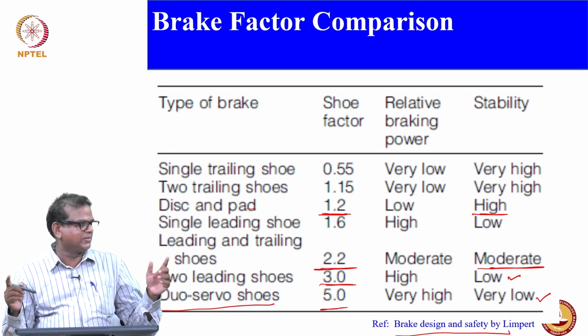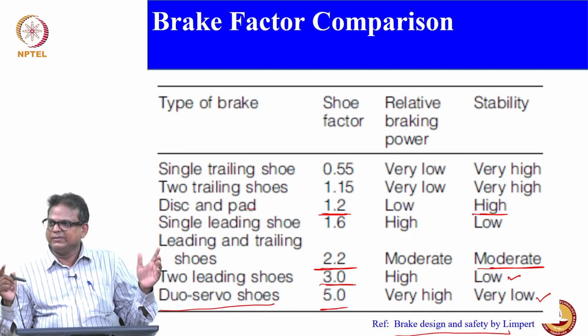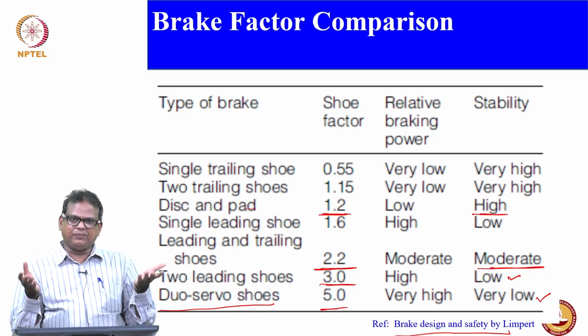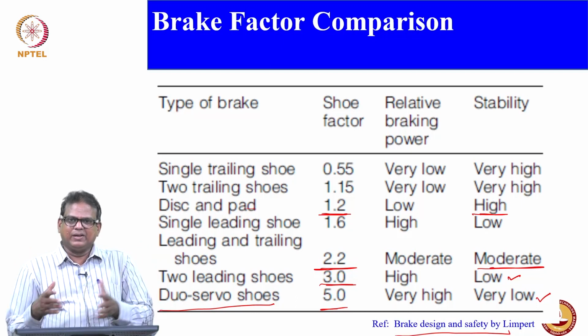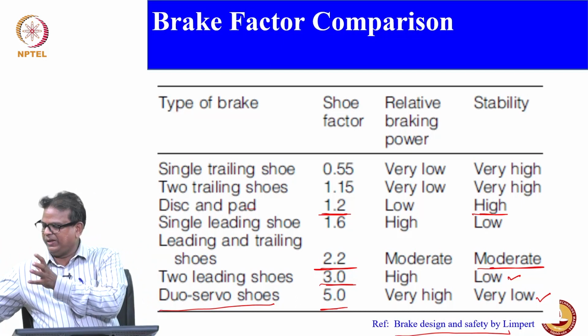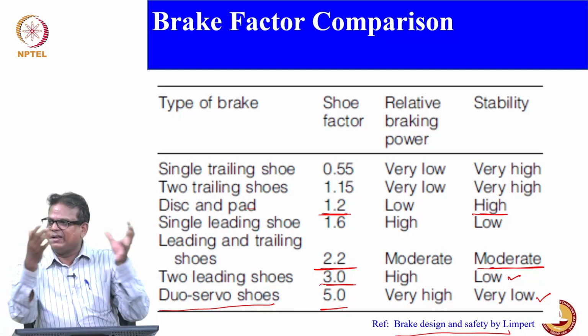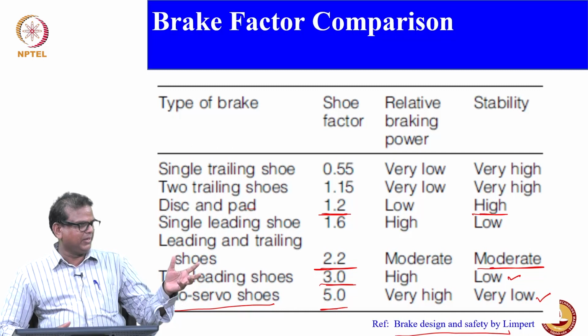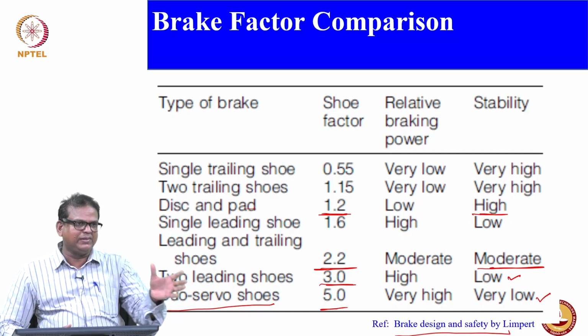Front axle lock first. Okay. Let us think about the scenario. Instead of disc brake, if the drum brakes are fitted at the front axle, what do you expect?